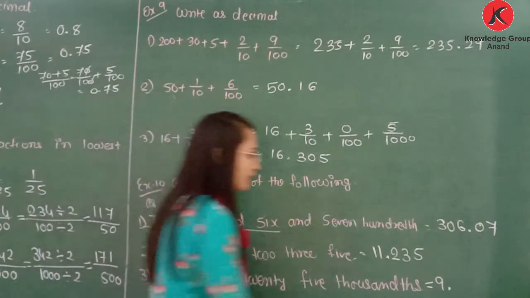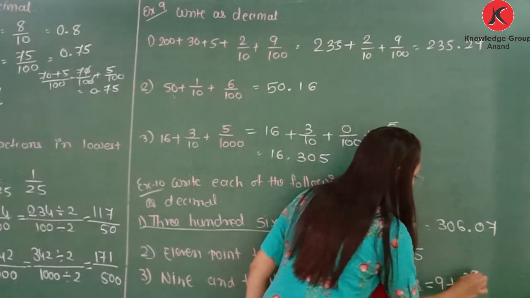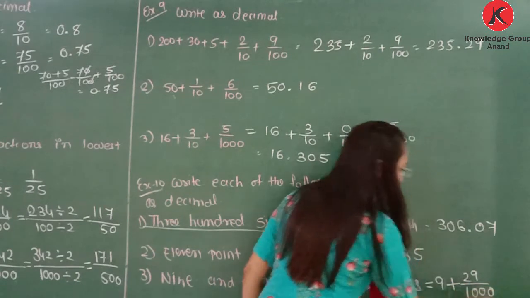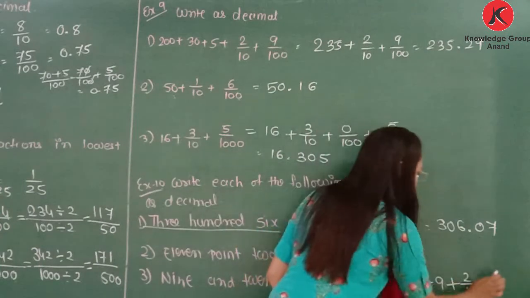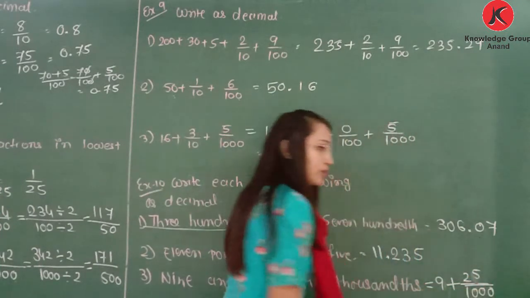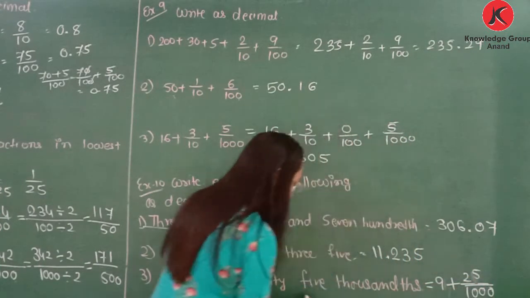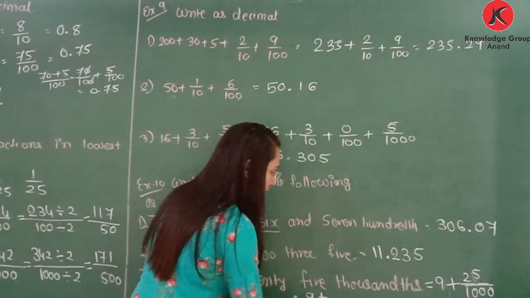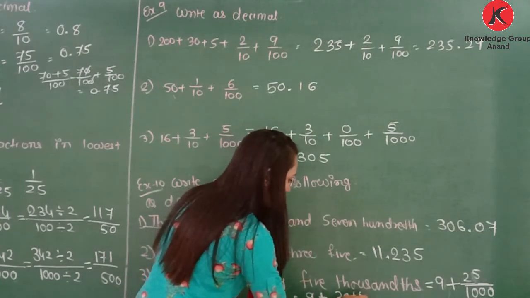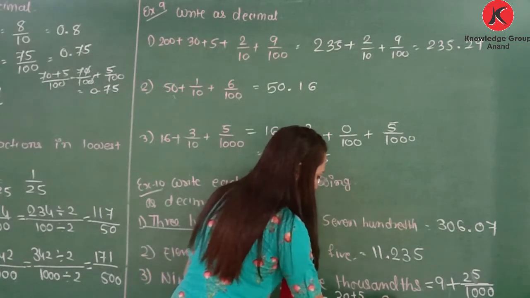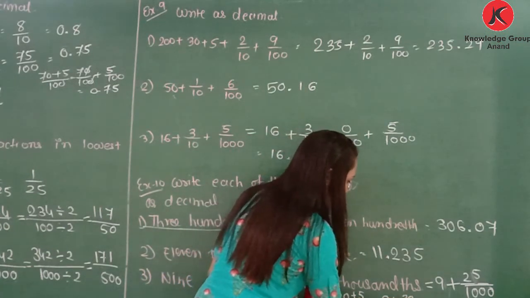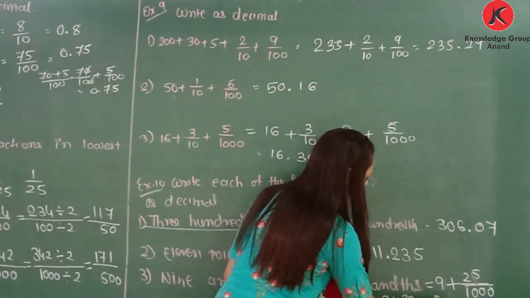Now the next one, 9 and 25 thousandths. We can write it as 9 plus 25 by 1000. With 3 zeros in the denominator, we can write it as 9 plus 20 by 1000 plus 5 by 1000.